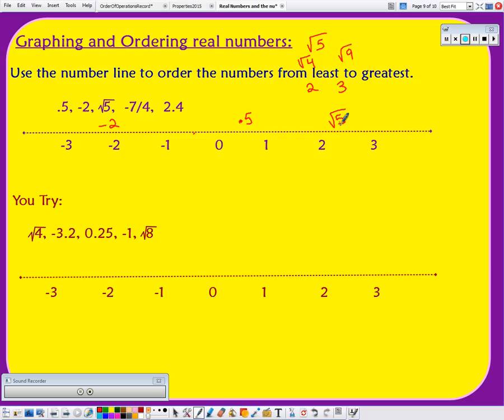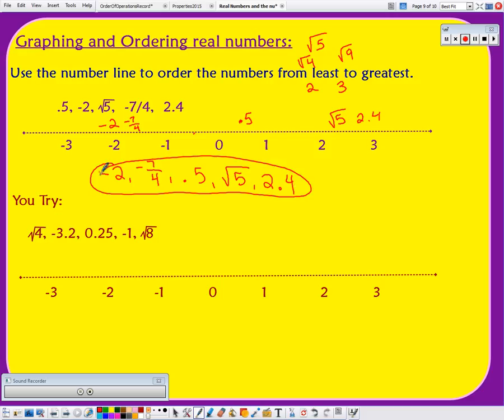That is negative 1.75. And then 2.4. Ooh, that's almost 2.5, so that's going to come here. When I put this in order: negative 2, negative 7/4, 0.5, square root of 5, and 2.4.